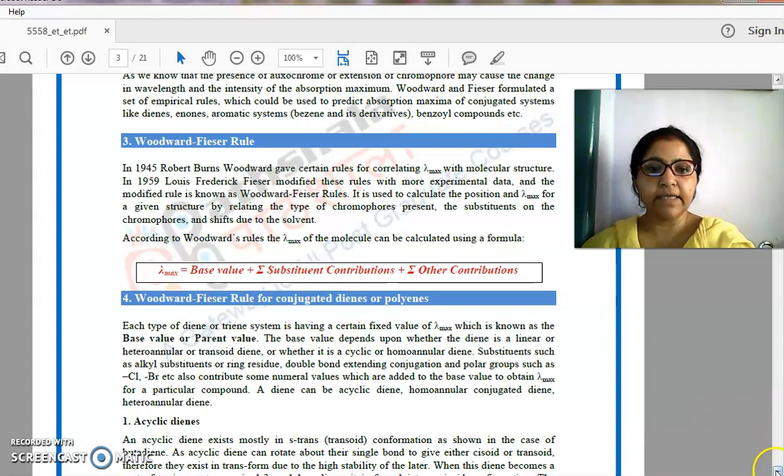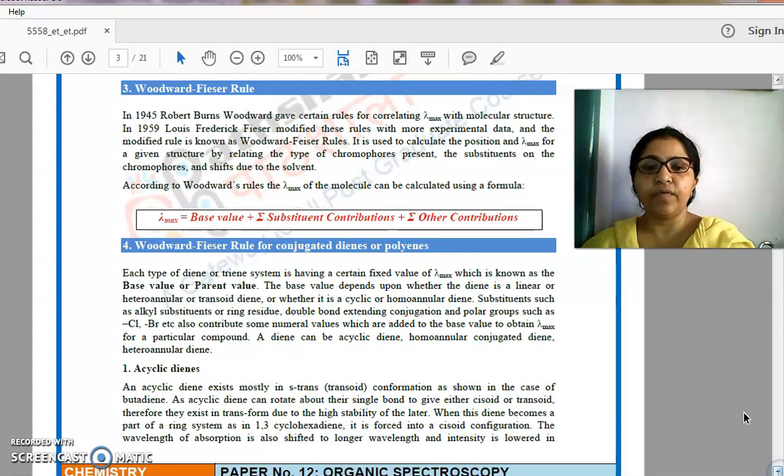The diene can be of different types. According to the type of the diene, each type of diene or triene has a certain fixed value of lambda max, which is known as the base value. This rule tells you what the base value is for each type of diene or triene. This is the parent value, and it will always be fixed.